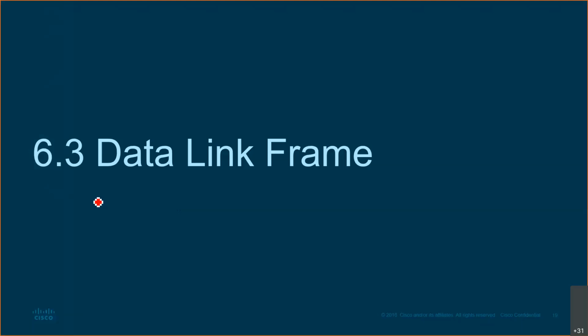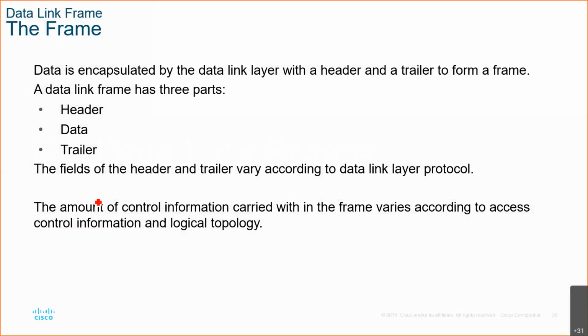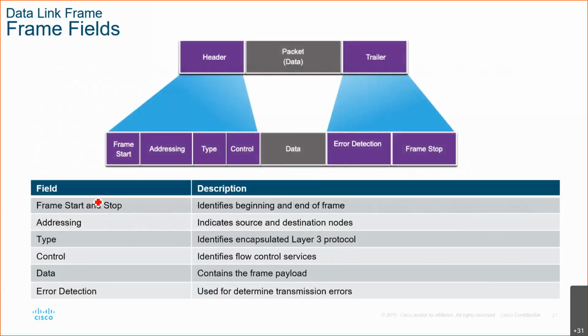Now, let's look at the data link frame. Okay. Remember, a data link frame consists of three parts: header, data, and trailer. What is inside the data of a frame? Very simple. Inside the frame, we have got an encapsulated packet. Okay. So let's have a look at how it looks. Here we have got a frame header consisting of the start, that's the beginning of the frame, the address, that is your MAC address, okay.